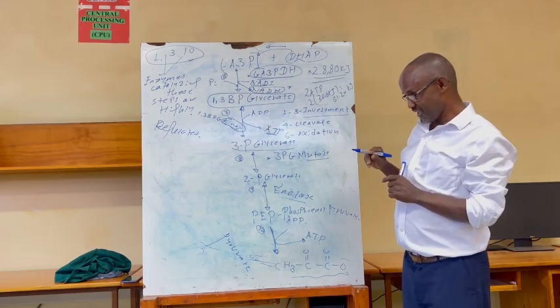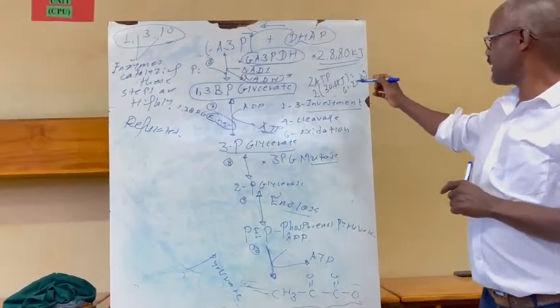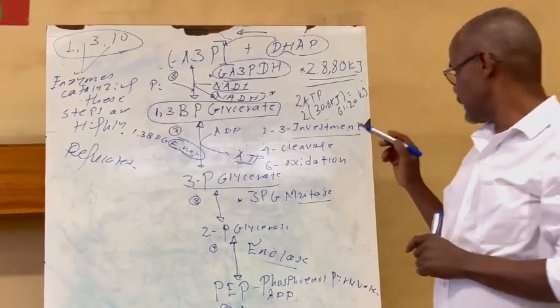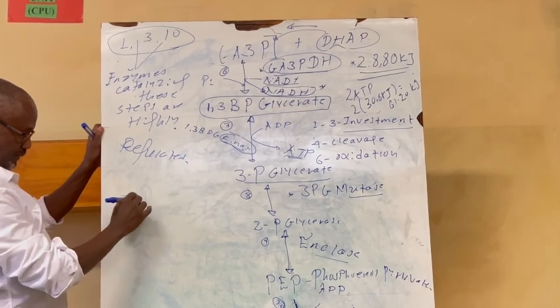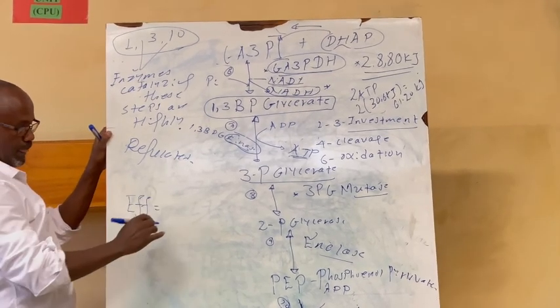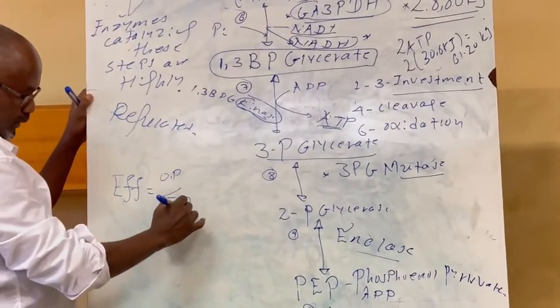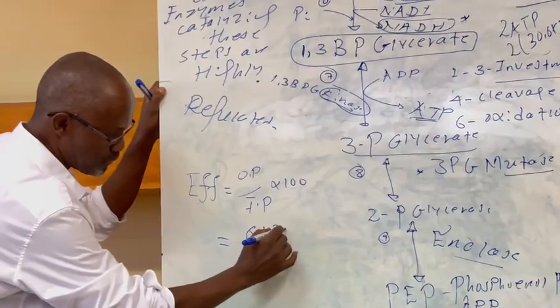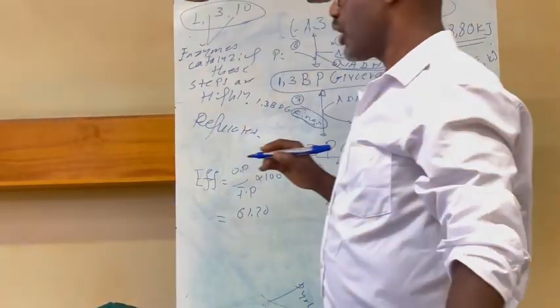This makes glycolysis highly inefficient. If you calculate the efficiency of glycolysis, what is the output? Efficiency is output over input times 100. The output is 61.20, the energy that glycolysis obtained from 1 mole of glucose.